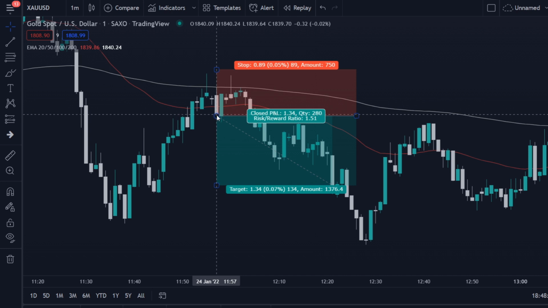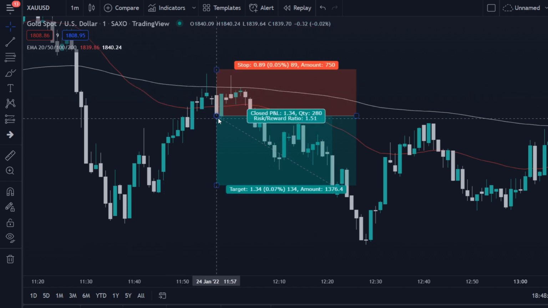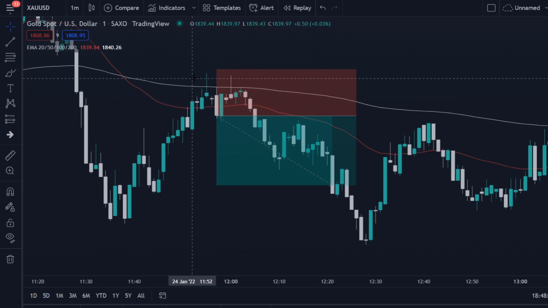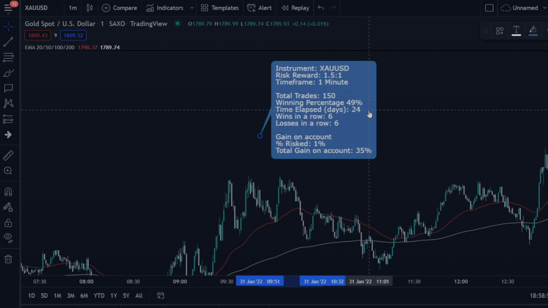It closes below the 50 and we're only looking for sell opportunities because the 50 level is below the 200. Then we take the trade, we place our stop loss above this high over here, and then we're looking for a 1.5 to 1 risk reward ratio trade, and as you can see, it turned out to be a winner. Let's test this trading strategy 150 times.